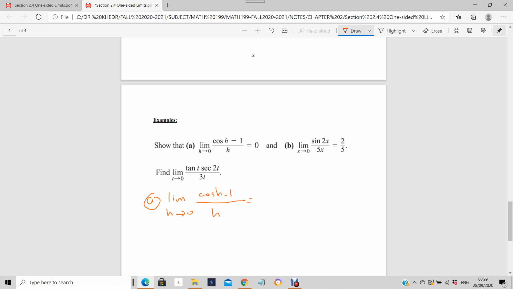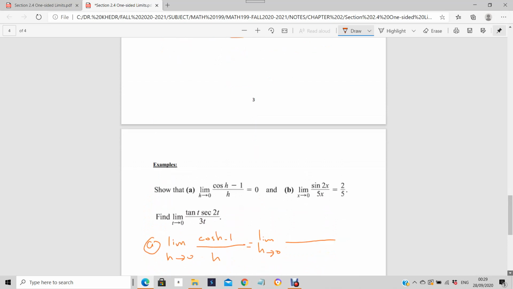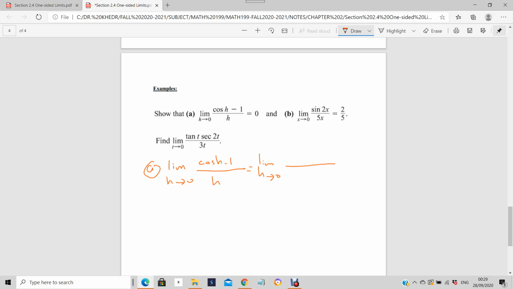So I'm going to use the identity above that you are going to prove at home and replace cosine h minus 1. Cosine h minus 1 will be minus 2 sine square h over 2. So it will be minus 2 sine square h over 2.